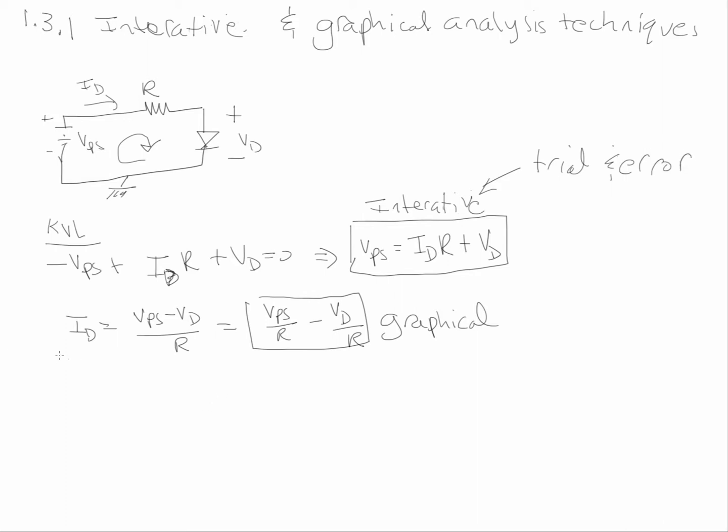And the last thing that we need in this puzzle is our diode equation. Remember, ID is equal to the reverse saturation current times e to the VD over VT, which is thermal voltage. Knowing these three equations, we can solve whatever we need to.